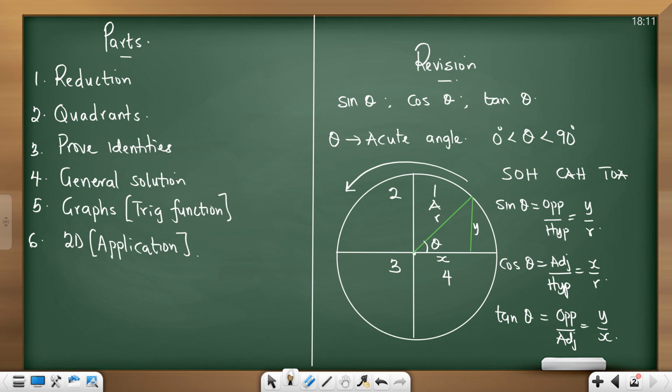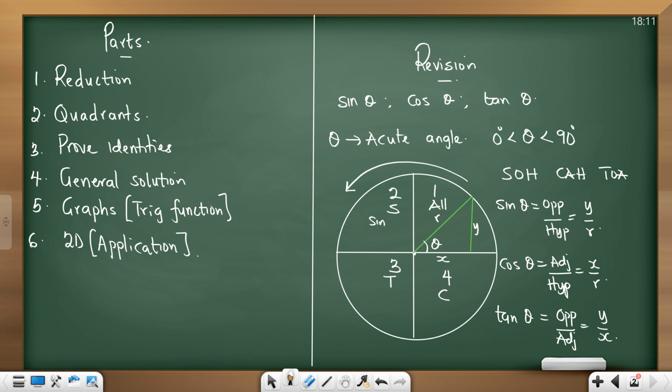And we know that all of them are positive here. Only sine is positive here. Only tan is positive here. And only cos is positive here. Do we still remember that? This is what we call the CAST diagram, grade 10. We used to say all students take coffee, as a way of remembering. All of them are positive here.